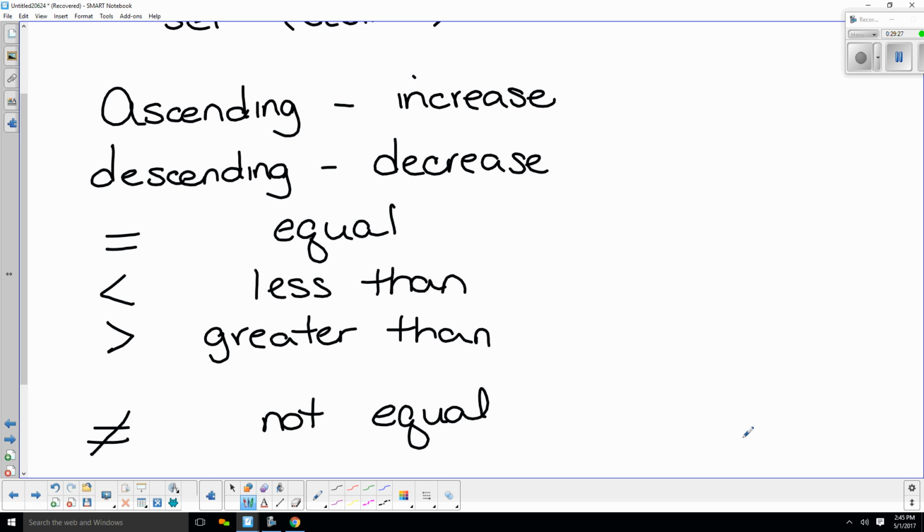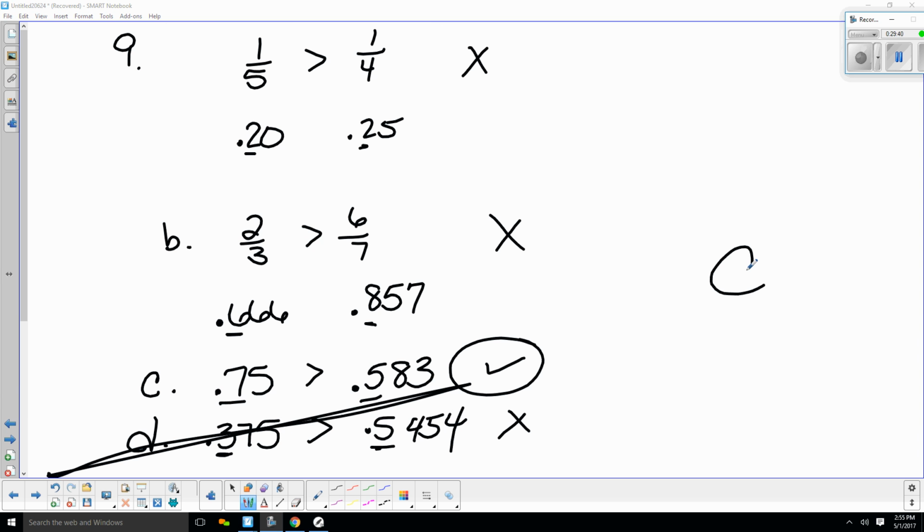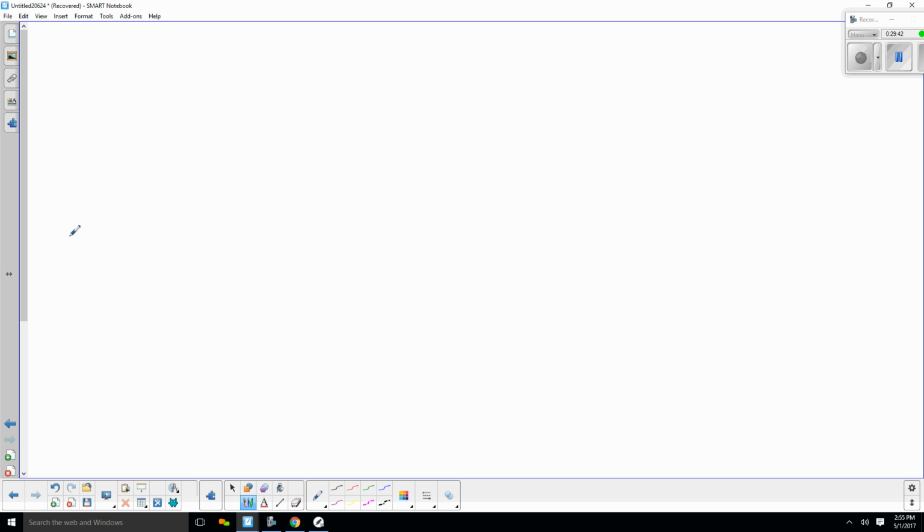Now, at the bottom of that page 2, it talks about when you're comparing decimals or comparing fractions. So right now, I want you to do 9 through 14. Okay, 9 through 14. Number 10, which of these numbers is between 1/3 and 87 over 100? I need to convert these to decimals, so this is 0.3 repeating.